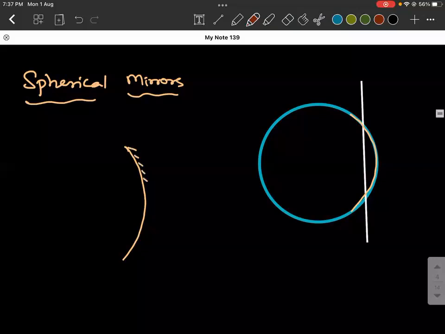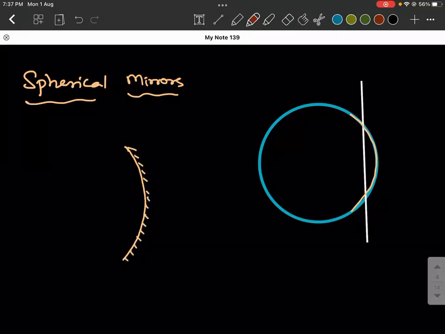So if I silver it on the outside part, okay, that is the bulged part, then this is called a concave mirror.